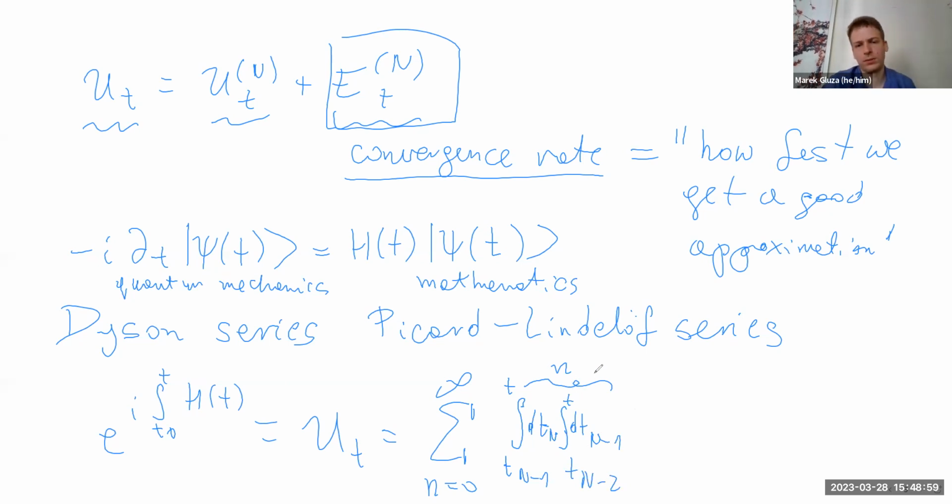This will look quite terrible, but that's fine. Wait, now I'm confusing myself. But dt_1 will go from t_0 until t_2. Then t_2 will go until t_3. So t_{n-1} will go from the previous one, t_{n-2}, until t_n. The next one, okay.